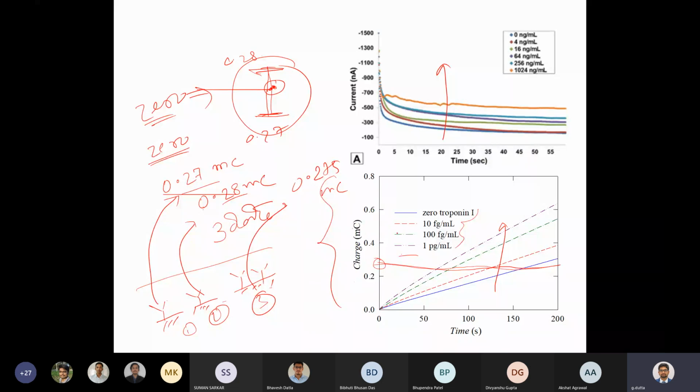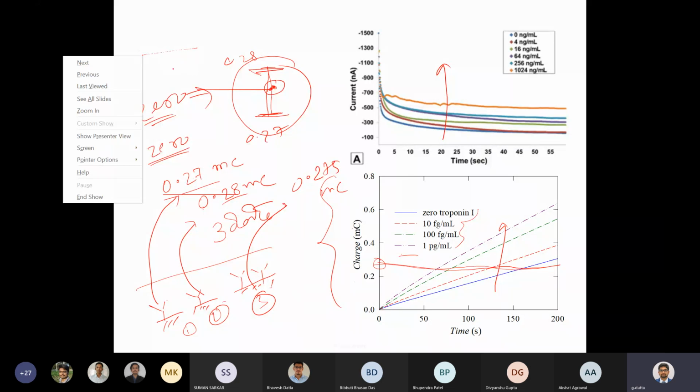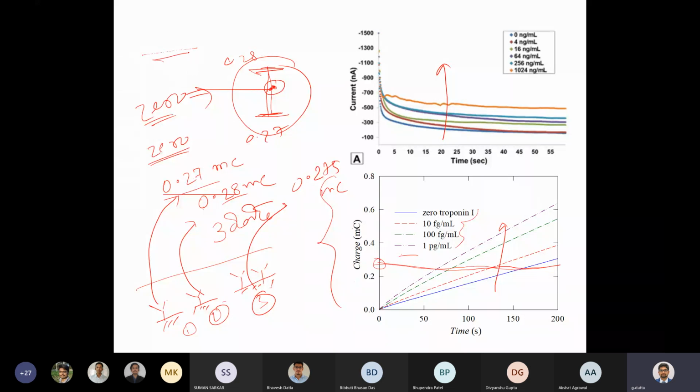You have to do the same thing for all the concentrations. Now you can take one concentration, like 10 femto. Again you have to prepare three sensors for 10 femto, all primary antibody coated. Your target concentration is very, very low, so maybe only one target will bind.